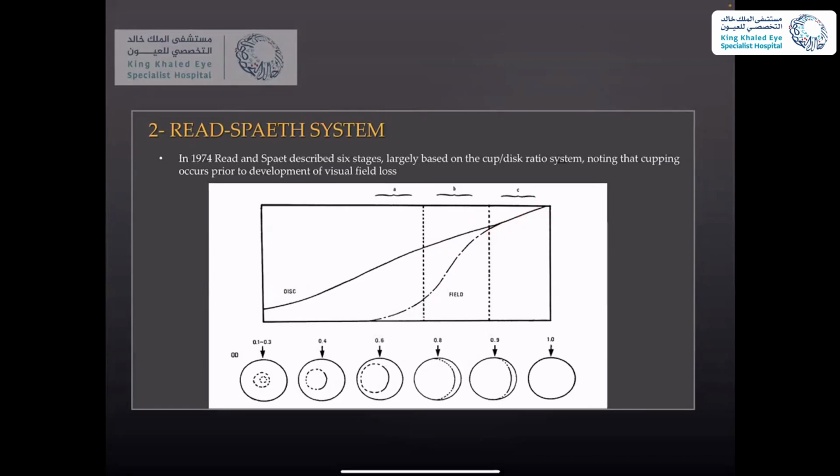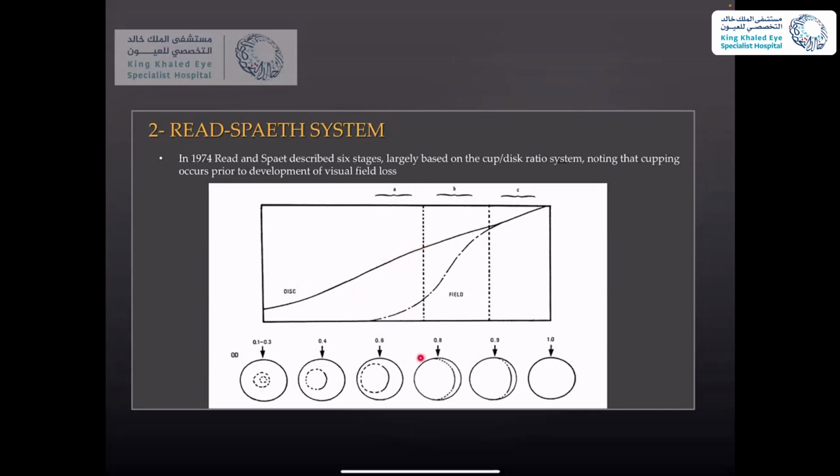What is the importance of that? If you label your patient as early stage, you have to rely more on your disc appearance and disc changes, and not wait for visual field changes to know that the patient is progressing.